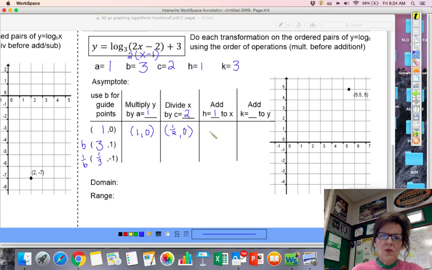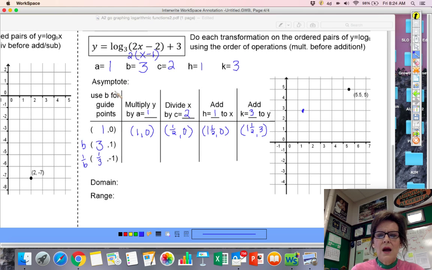So 1/2 is now 1 1/2. And I'm going to add k to y. My k value is 3. So I have 1.5, 3. And we can go over and plot that point, 1.5 and up 3, about right there.